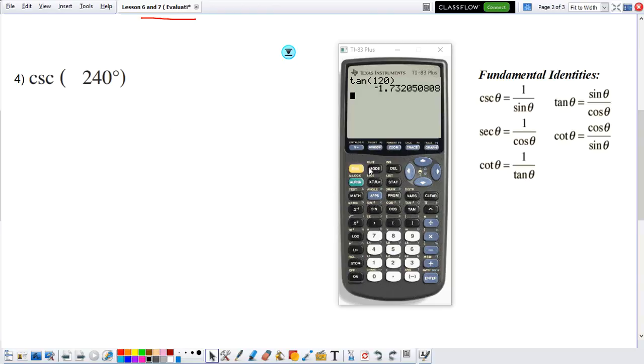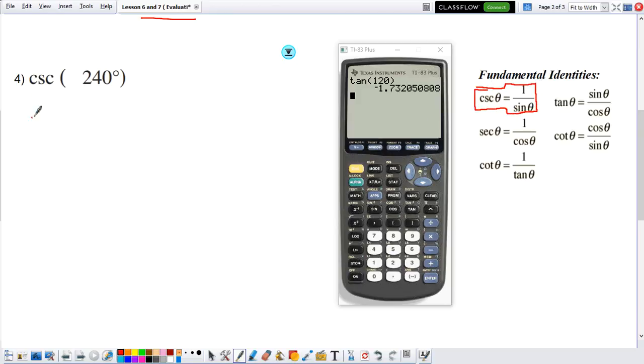So how can I use my calculator to find it? That's when we use our fundamental identities. You know that your calculator has sine, cosine, and tangent, so is there a way for me to rewrite cosecant in terms of sine, cosine, or tangent? I see here that cosecant can be written as 1 over sine.